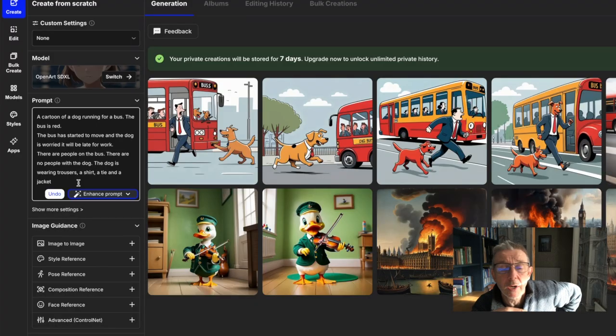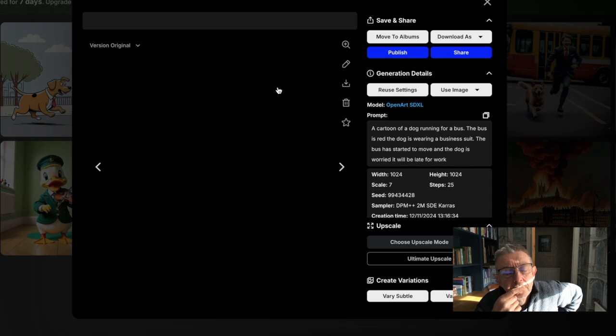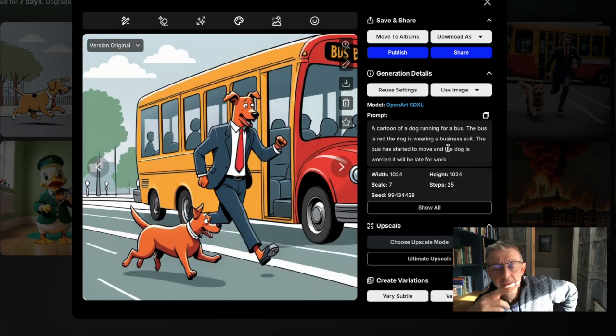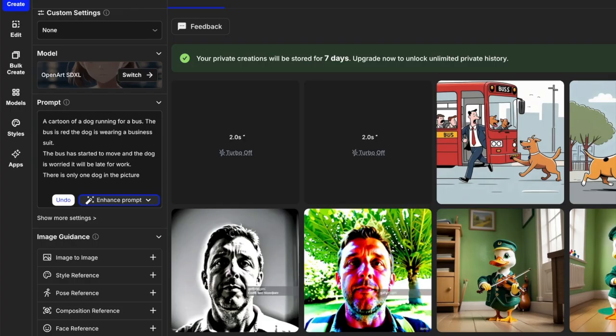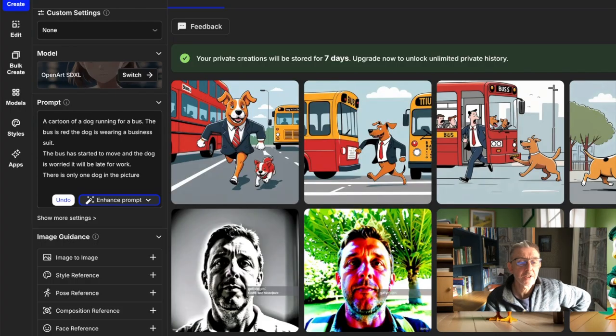I'm going to see whether or not I can change that to give me what I'm actually looking for. So as you can see, that's the original prompt that was put in to generate that picture. There's only one dog in the picture. And you see, so the second one of those is the picture that I'm going to use, where I have got a dog that's running for a bus and looks vaguely like it's dressed for work.